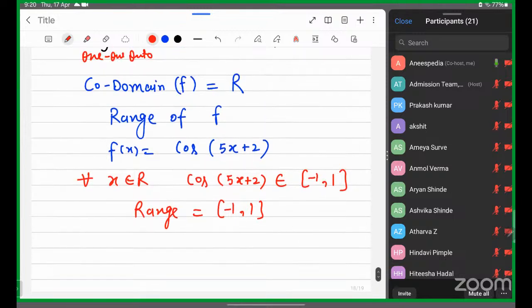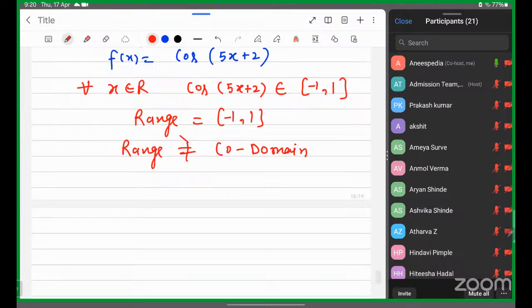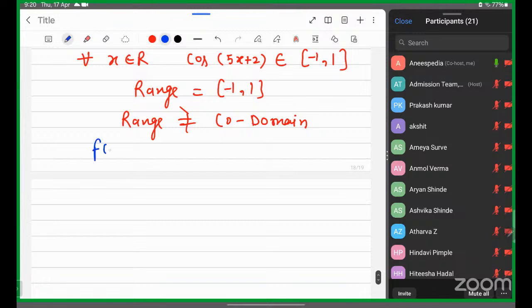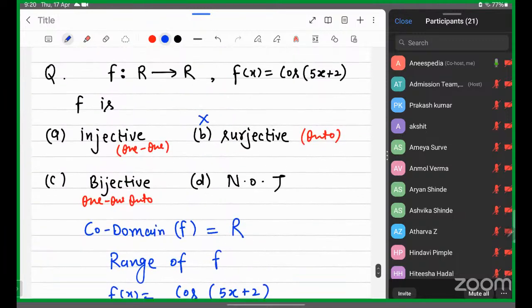And codomain is R. Clearly, range is not equals to codomain, which implies that given function f of x is not onto. F of x is not onto, which means it is into.